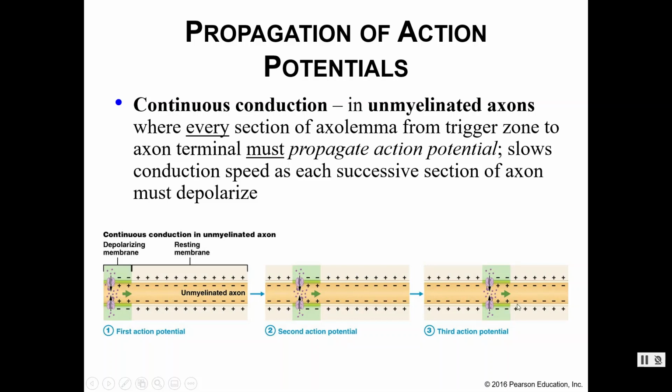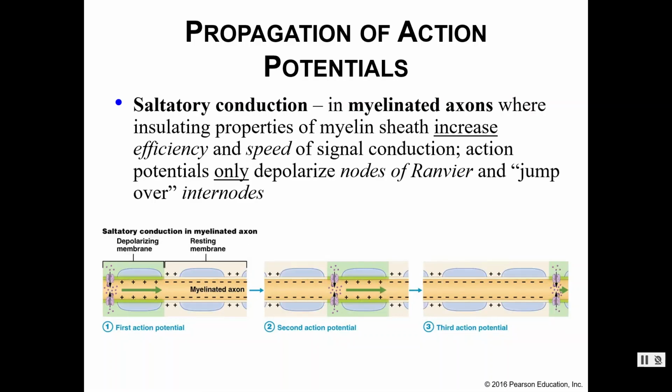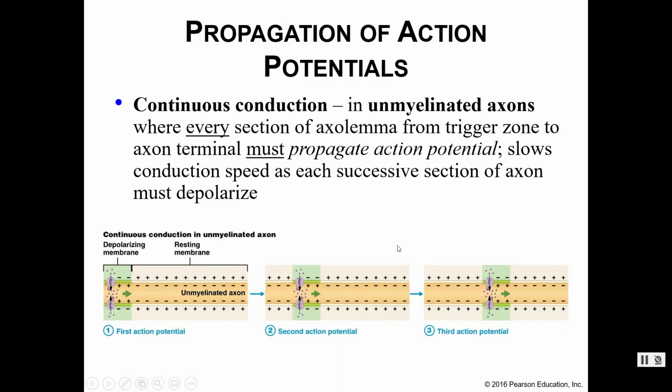You don't get to skip over anything, because that was the main point in our last picture. You basically get to skip over the internodes. Well, there are no internodes here. We don't get to skip anything. So once we start depolarization, we have to do every single little section. We're still going, still going.